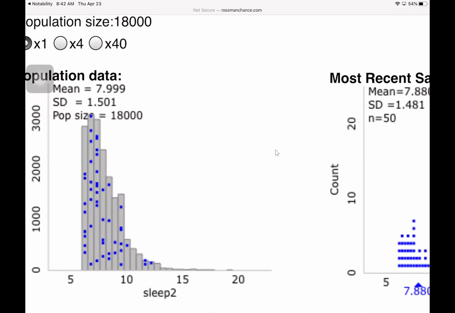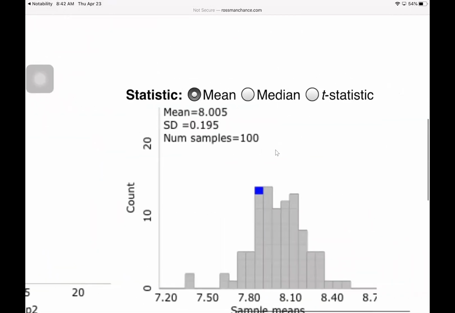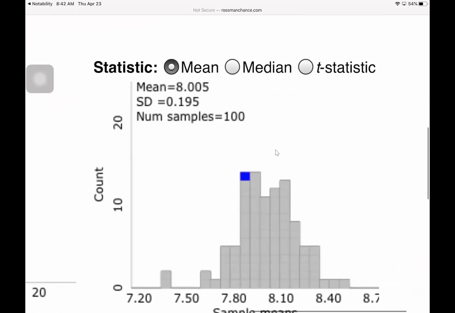I want to look at the new distribution to see if the mean is still the same or completely different. The old one was 7.999. The new one is 8.005. It's pretty much the same. It didn't change by that much.